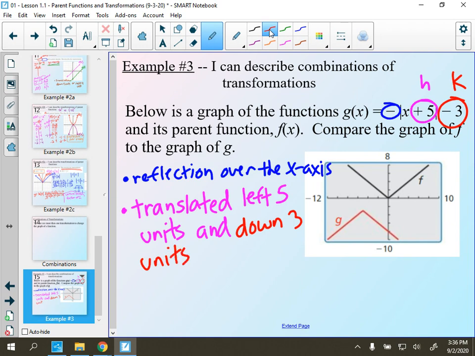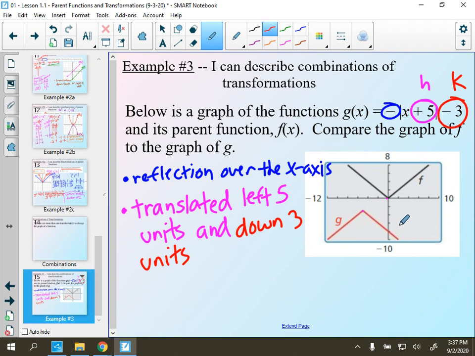So there's an example where you could argue it's a reflection. This graph went from opening up to opening down. And this point, if I just looked at one single point, went left 1, 2, 3, 4, 5, and then down 1, 2, 3.